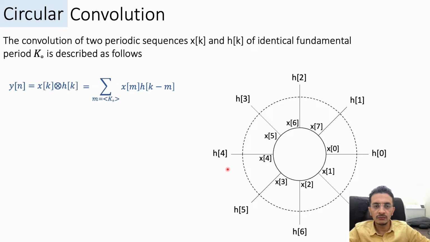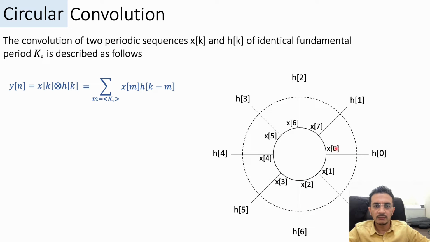You remember that we do flipping of the sequence that we shift, like in the previous case. So instead of laying down in clockwise direction, we are laying down in counterclockwise direction, which also represents flipping in comparison with xk. Now we start with multiplying all the corresponding sequence samples here.